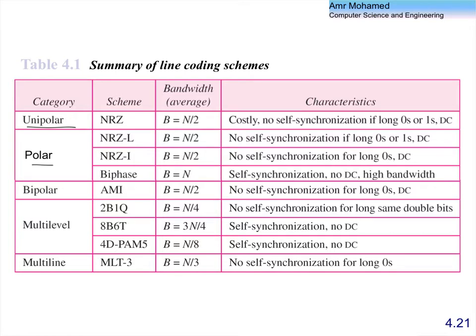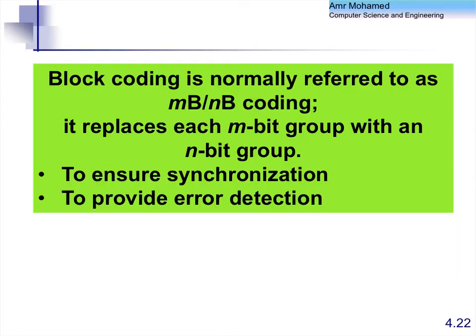Of course, just the fact that some of these schemes have problems with the DC component and the self-synchronization, it doesn't mean that they are not used. Okay? So they can be used, and actually, in the next slide, we will talk about block coding. And block coding is actually an optional component which can be added with the line coding, okay, in order to make up for the problems in the line coding scheme.